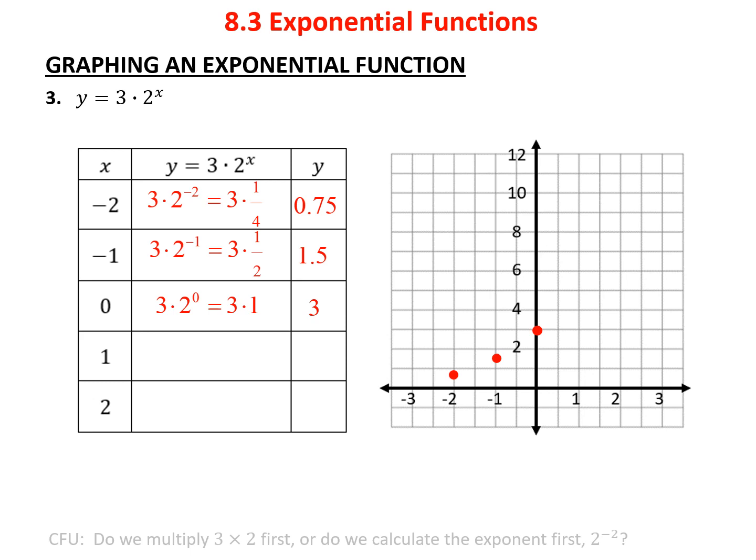Notice when x is 0, that's our initial value, 3. When x is 1, we have 3 times 2, or 6, plot the point here. And then when x is 2, 2 squared, 2 times 2 is 4, 3 times 4 is 12, plot the point, and now we try to draw a curved line through it. And that's our problem.